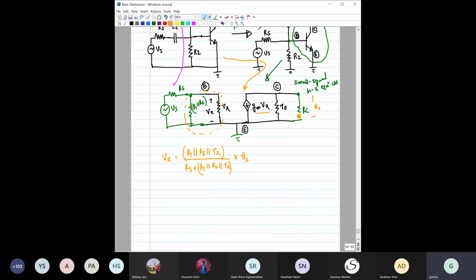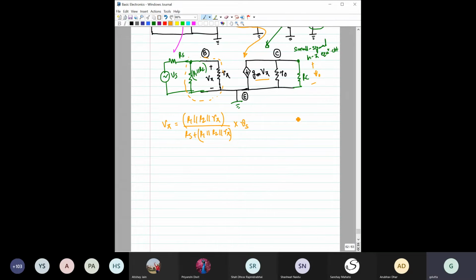So if this is V pi, now we can find V output, right? So what will be the V output? V output would be equal to Gm V pi into, now here these two resistances are in parallel, so it is R naught parallel RC.